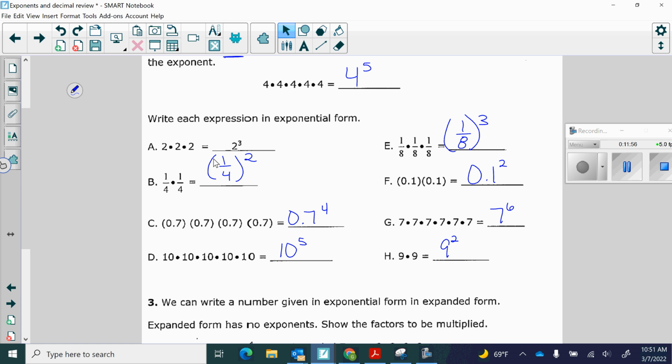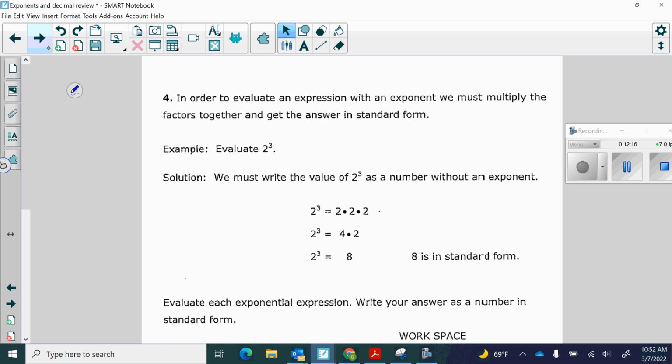Any questions? When it says exponential form, you have to write it with an exponent. Make sense? Okay. Guys, don't get loud in between exercises.